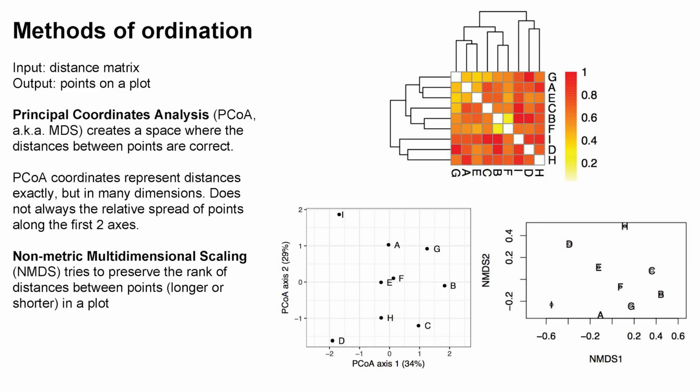So it relaxes a lot of these guarantees that you get with principal coordinates, but it tries to get the general gist of the distances onto the plot. And so I've taken this distance matrix just as an example. I generated random numbers to make the matrix, so the patterns aren't especially startling, but you can see things like samples B and F are the closest in this distance matrix.